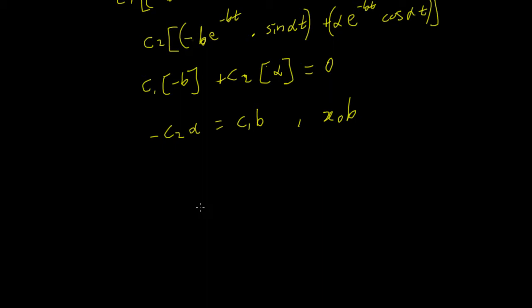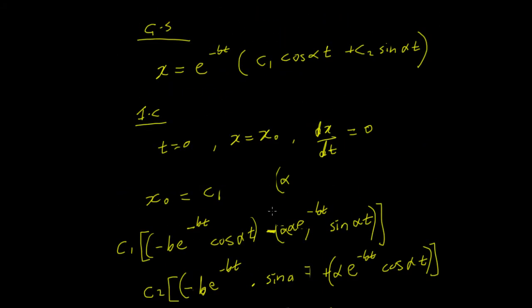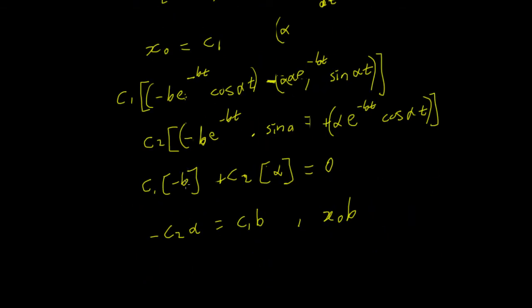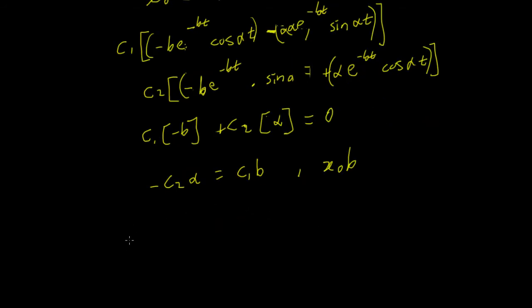So we can put all that back into the equation above for our c1 and our c2, because we've got c1 is x0, and c2 is x0 times b upon alpha. So we put that back in, and we end up with x equals e to the minus bt times x0 cos alpha t plus x0 b upon alpha sine alpha t.